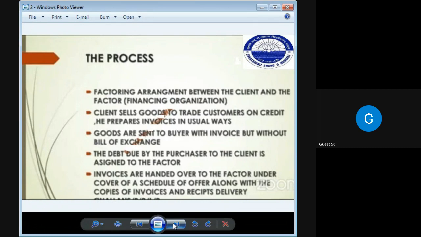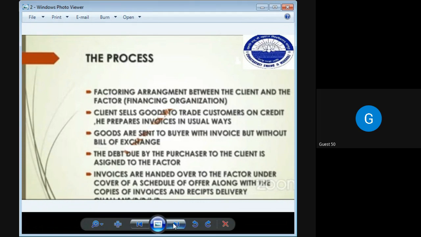Why? Because the business wants immediate cash. He does not want to wait for the future date. He wants immediate cash. That's why the credit amount due by the purchaser is assigned to the factor for getting the cash. Okay.